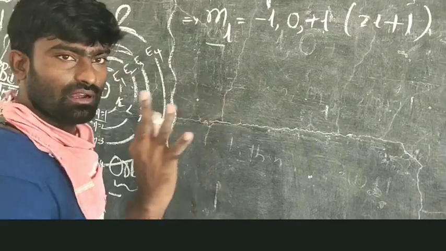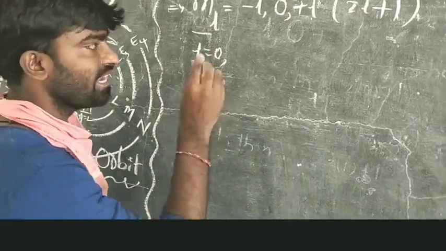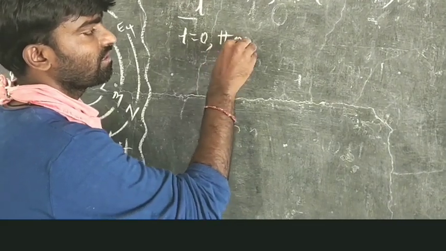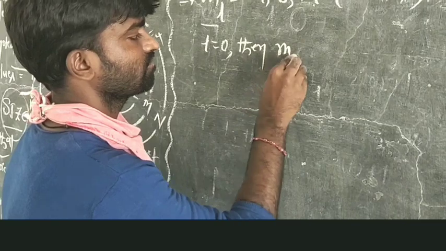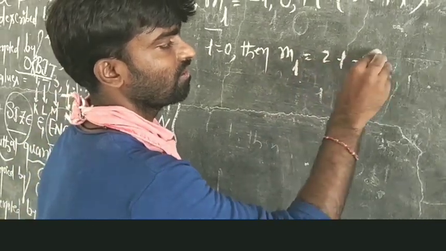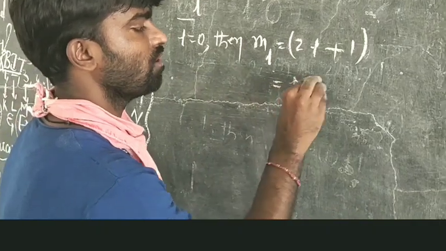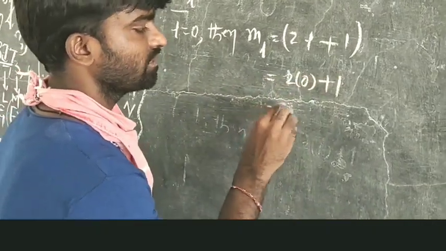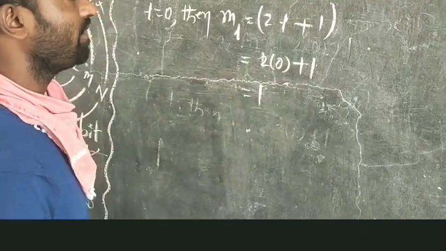So for example, if L equals 0, then the number of ml values is 2 into 0 plus 1, that is 1.